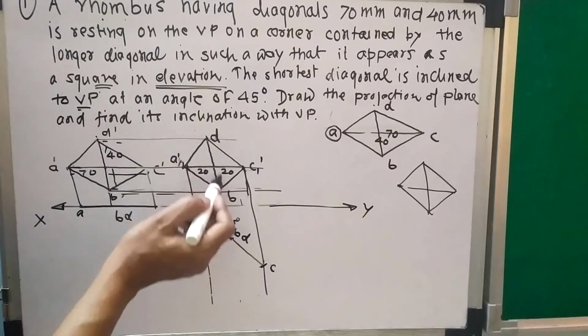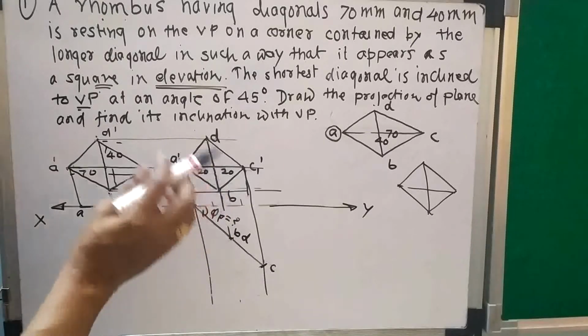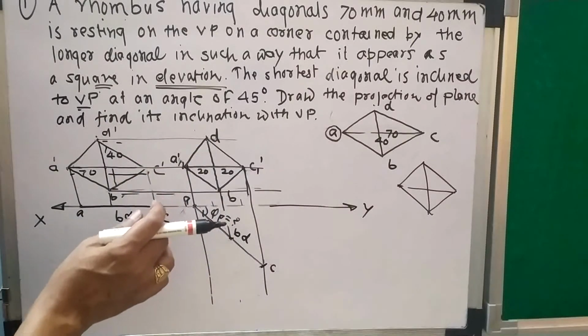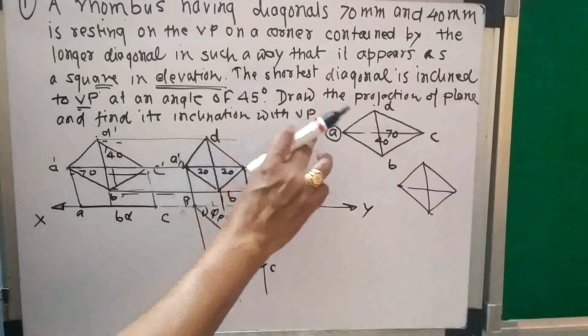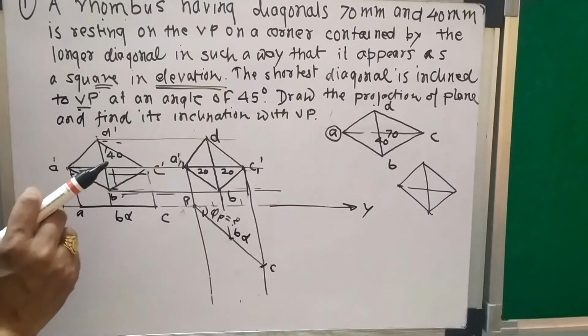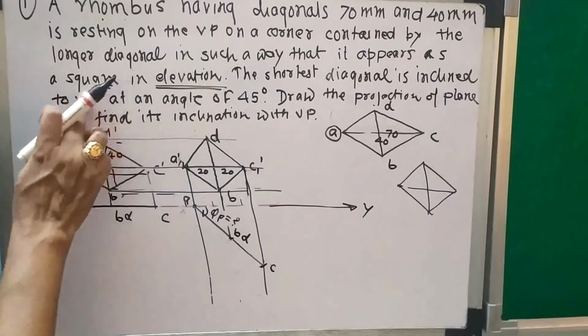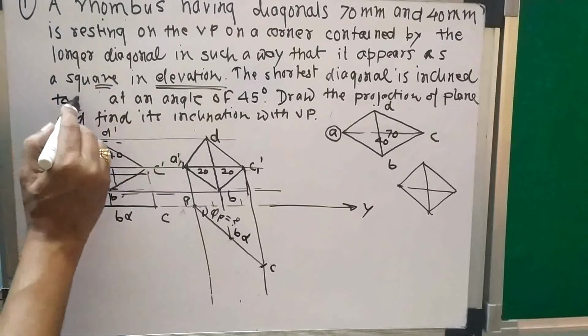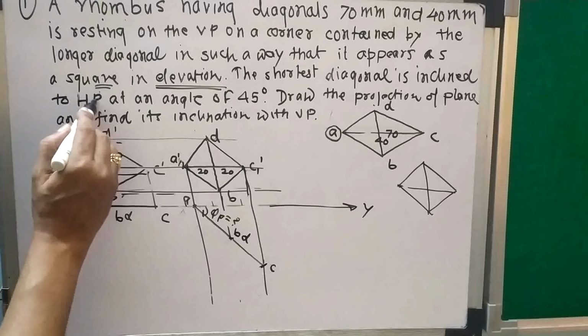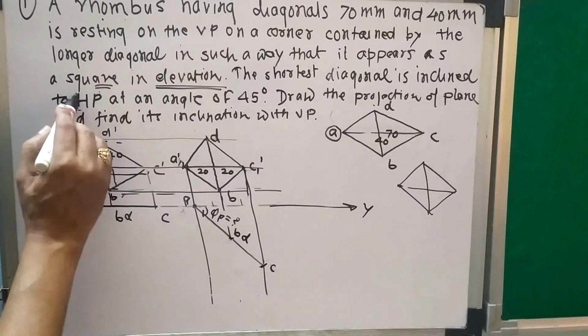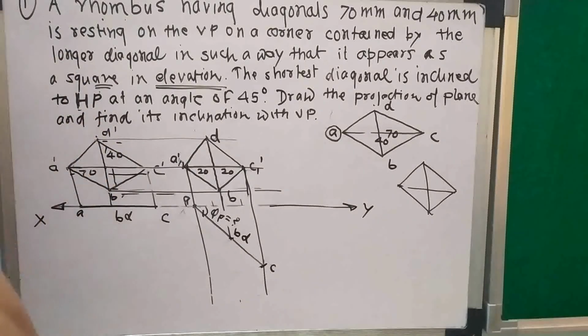So what I have to do, I have to make its inclination with VP. Here I have to write down, instead of VP it should be HP. Make the correction, it should be in HP. So the shortest diagonal is inclined to HP.